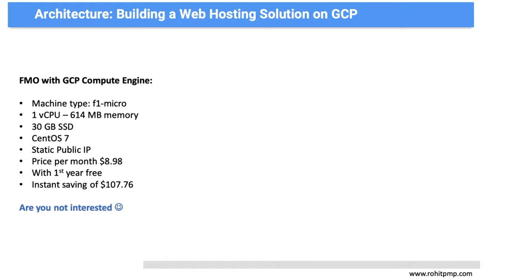And well, don't get confused that you only get one shared virtual CPU or 614 MB memory. Remember, I am hosting personal sites with not much CPU or memory intensive apps or any high traffic hitting the server.